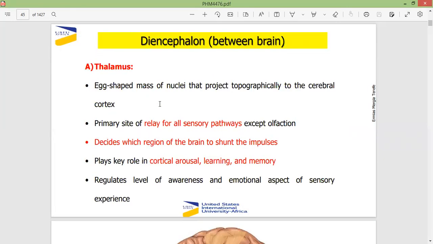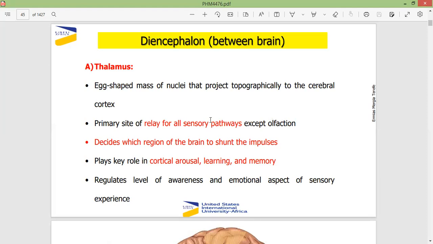Then now let's go to a very key part of the brain, that is the thalamus. The thalamus is where all sensory information, except for olfaction, the smell function, but all other sensory information, comes. This is where they dock, right?